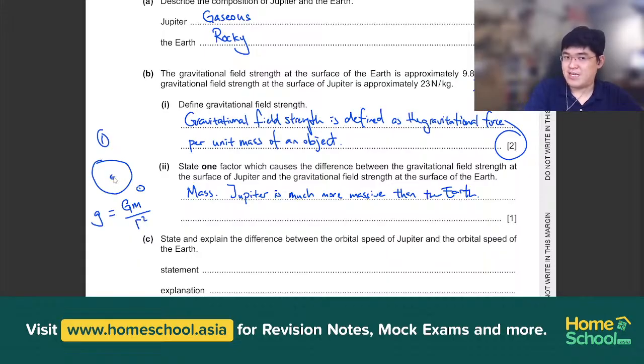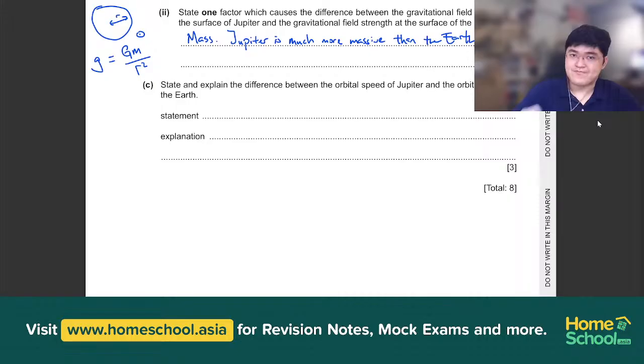Of course, the radius of Jupiter is greater than Earth's, but the mass of Jupiter is much more massive, and that's why mass is actually the key why Jupiter's gravitational field strength is stronger compared to Earth's. Okay, now that's done, let's move on to the next part, which is part C.